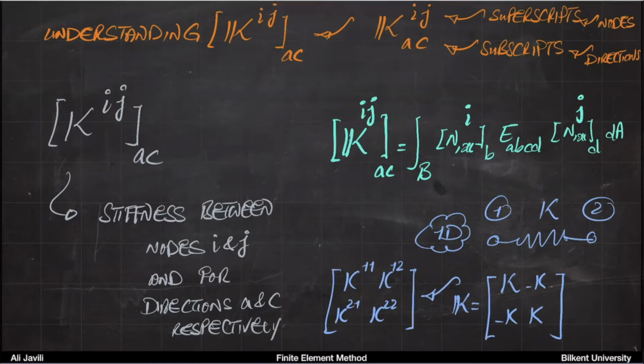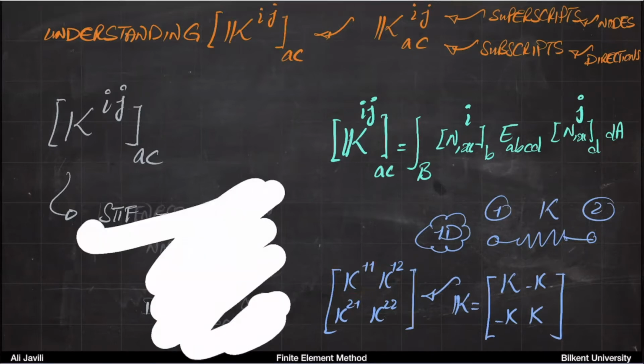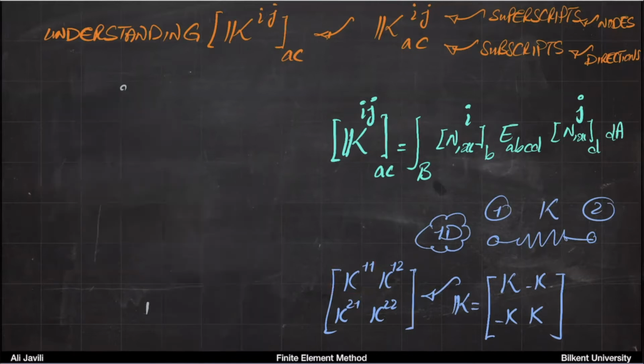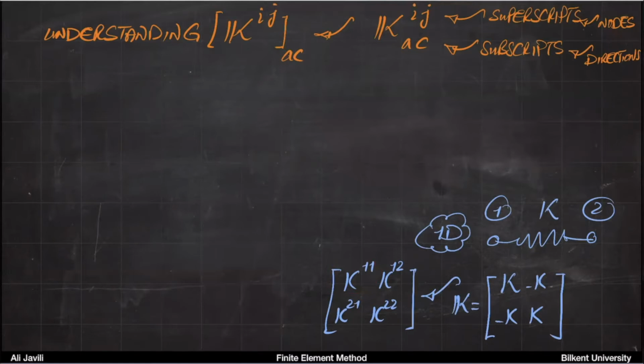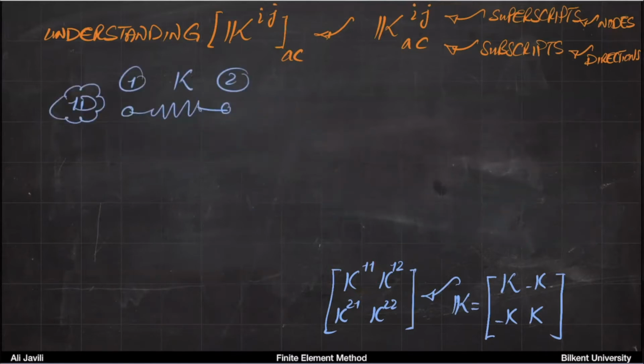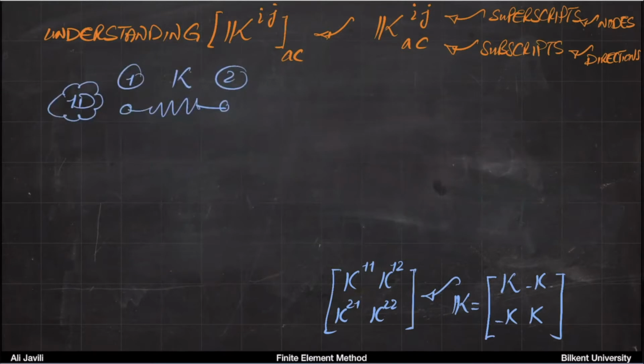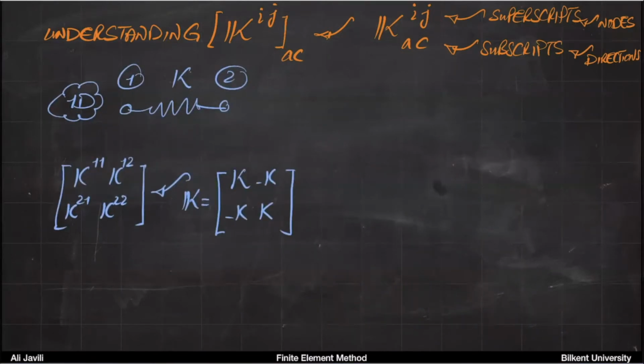If you think of K12 in this example, the example is now very simple. We want to just think of this one-dimensional problem. So I'm asking you, what is the meaning of K11? Let's go backwards a bit.